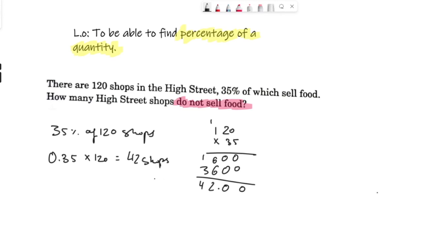Out of 120, 42 shops sell food. How many shops do not sell food? Out of 120, take away 42, it will give you 78. So 78 shops do not sell food.